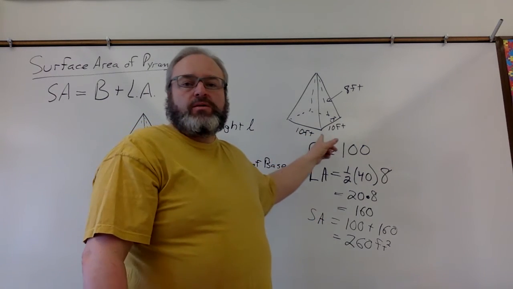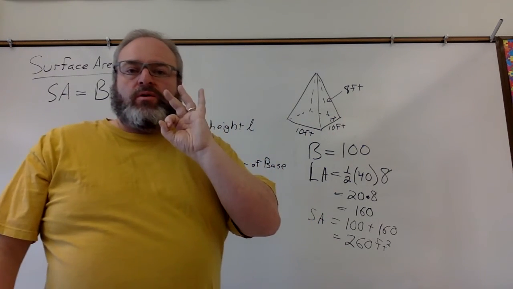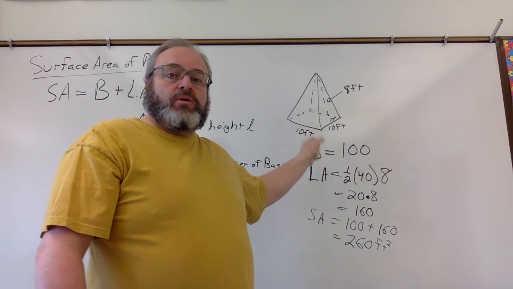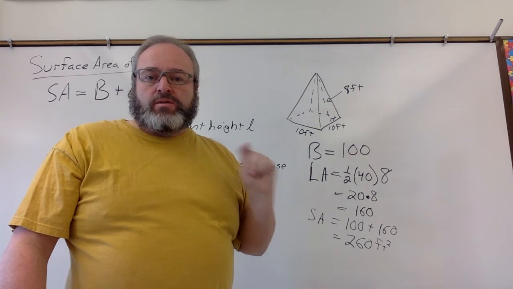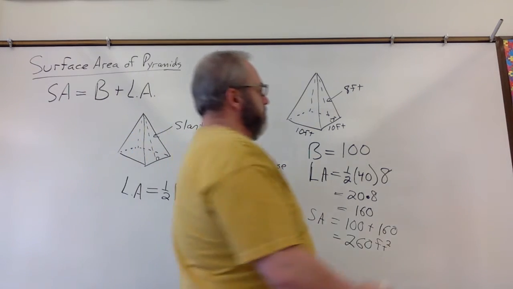Now, the only difference in finding this between a rectangular or square pyramid and a triangular pyramid is when you do the area of the base, the area of the base will be a triangle, and when you do the perimeter of the base, there's 3 sides instead of 4. Let's do a quick example.